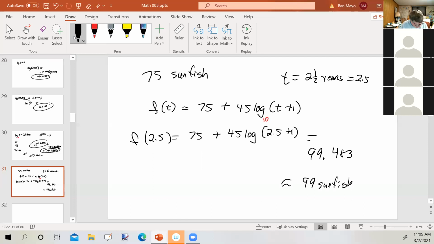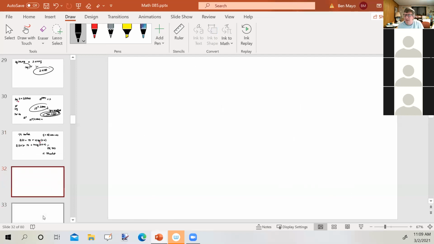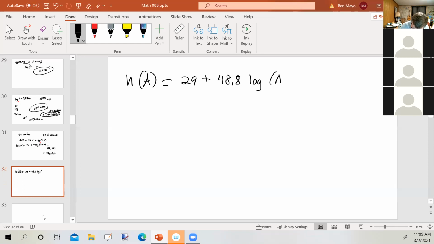We've got one more example here I'm going to do. This says children's height, so how tall a child is. The logarithmic function h of a equals 29 plus 48.8 log of a plus 1 gives the percent of the adult height a male child a years old has attained.